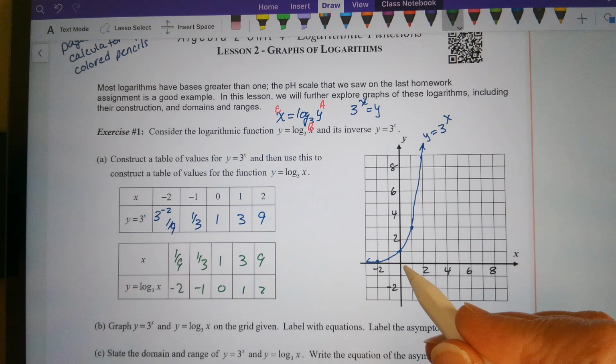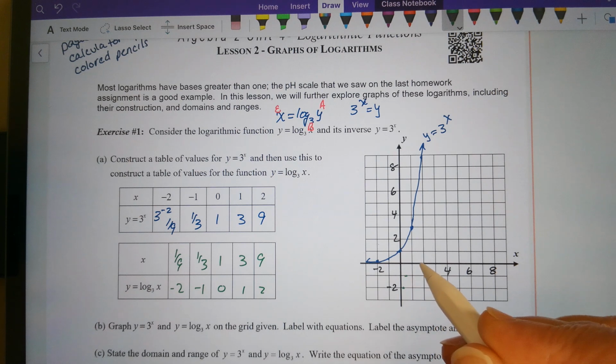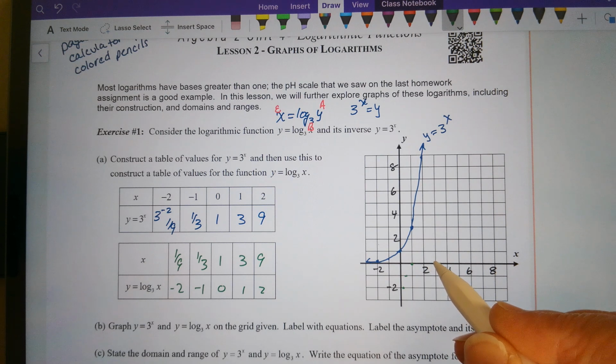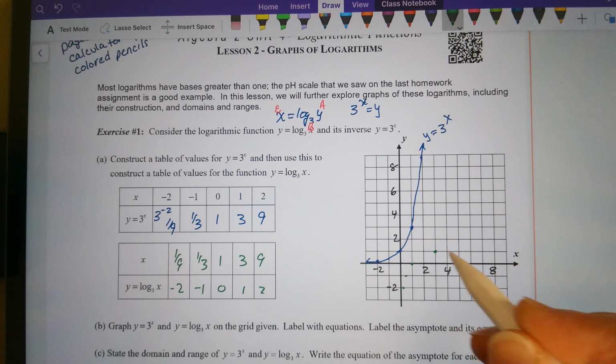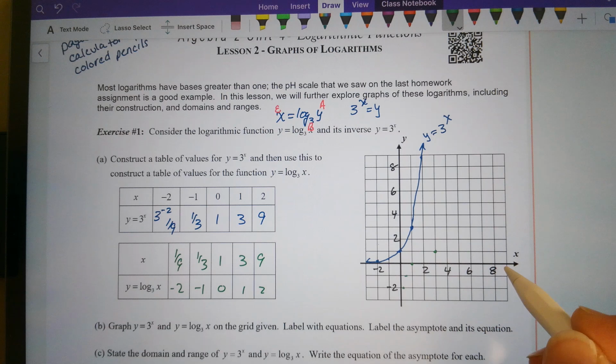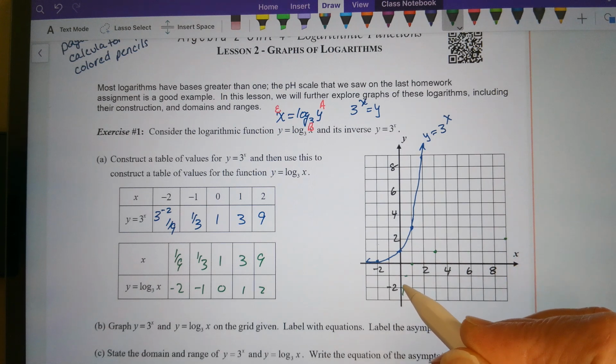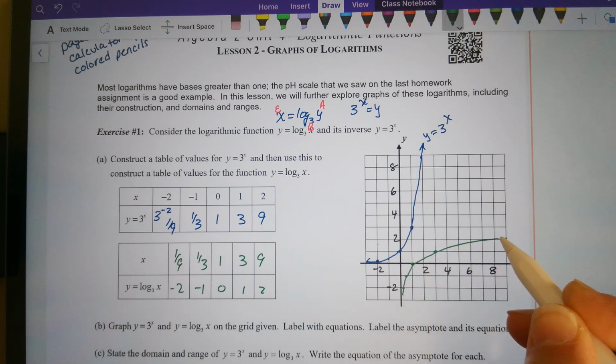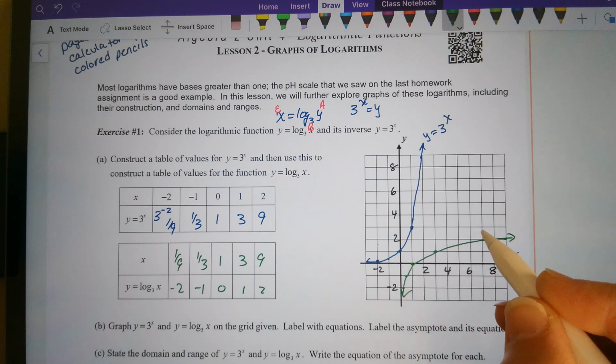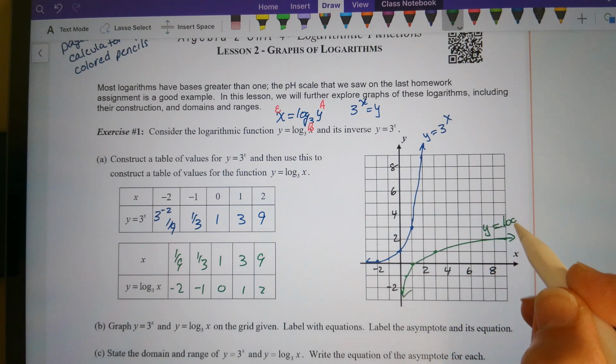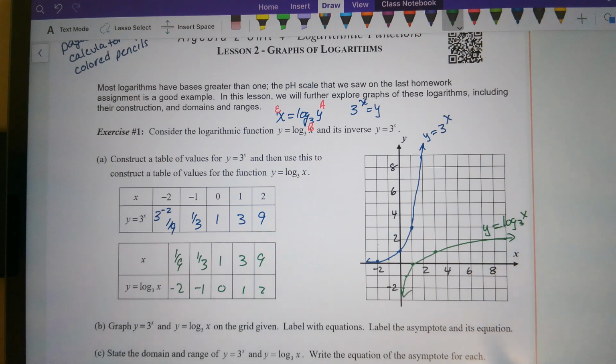Plotting these points. Y equals log base 3 of x.